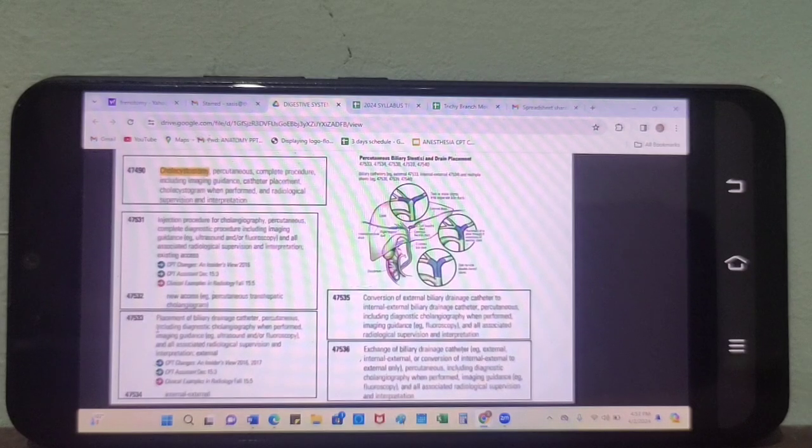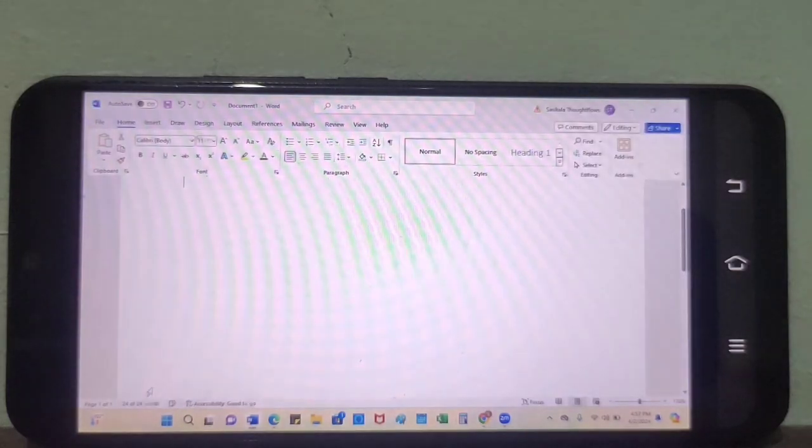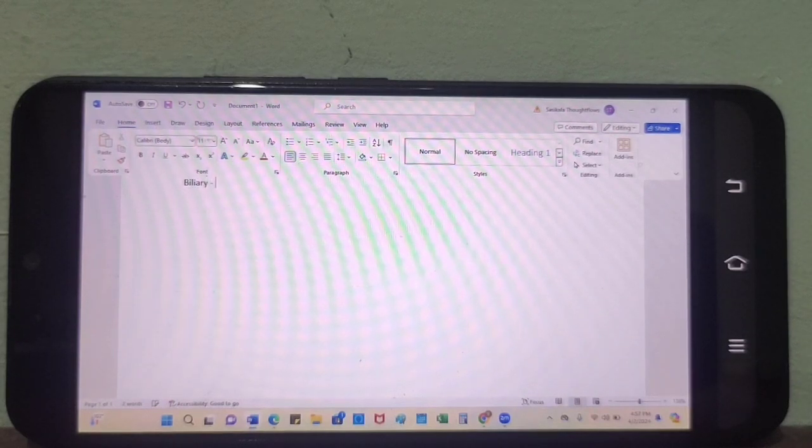Go for 33 for external. Internal to external means go for 34. For a biliary drainage catheter, if the catheter terminates at the small intestine, that is internal to external.